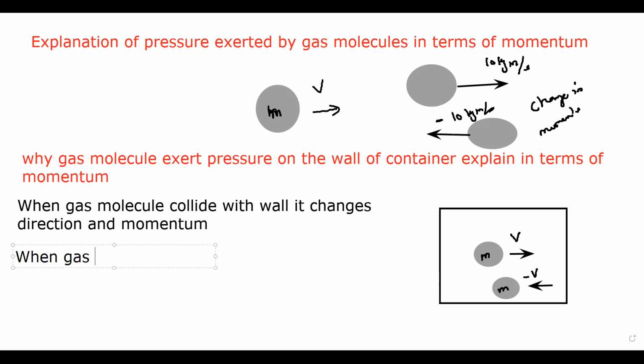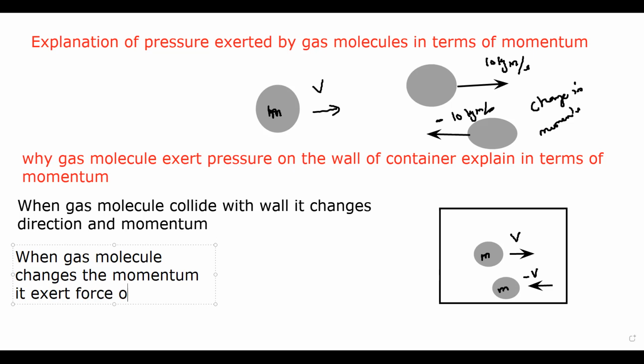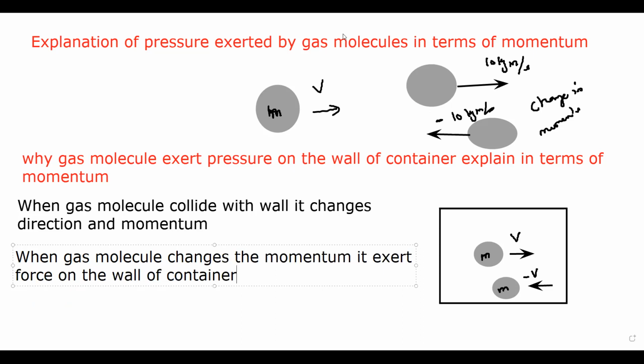When the gas molecule changes the momentum, it exerts force on the wall of the container, because momentum cannot be changed without a resultant force. That is the second point. When the gas molecules hit the wall of this container, they exert force.